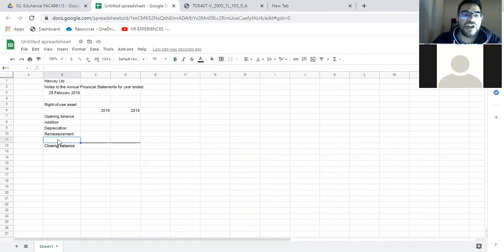Okay, and in the last one, remember in this scenario we have a decommissioning liability. The decommissioning liability falls into the standard of provisions, IAS 37, which we're going to deal with later on.